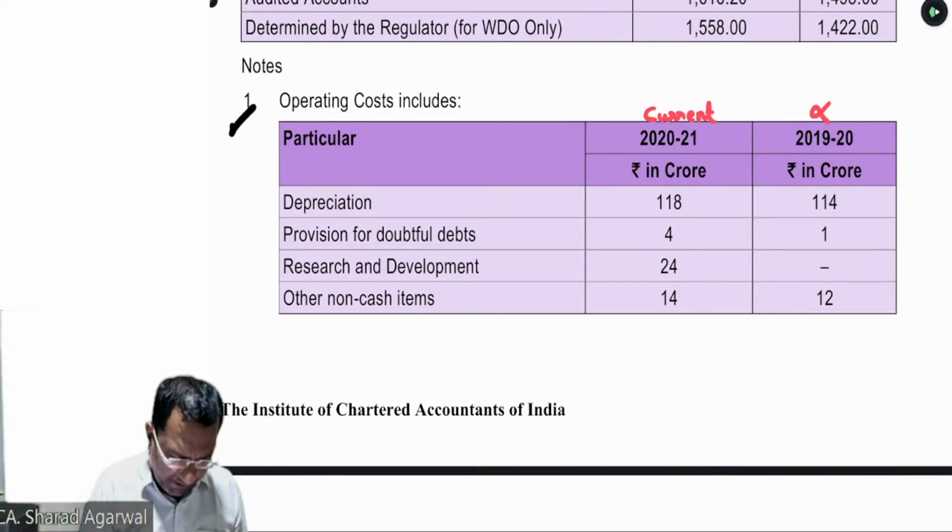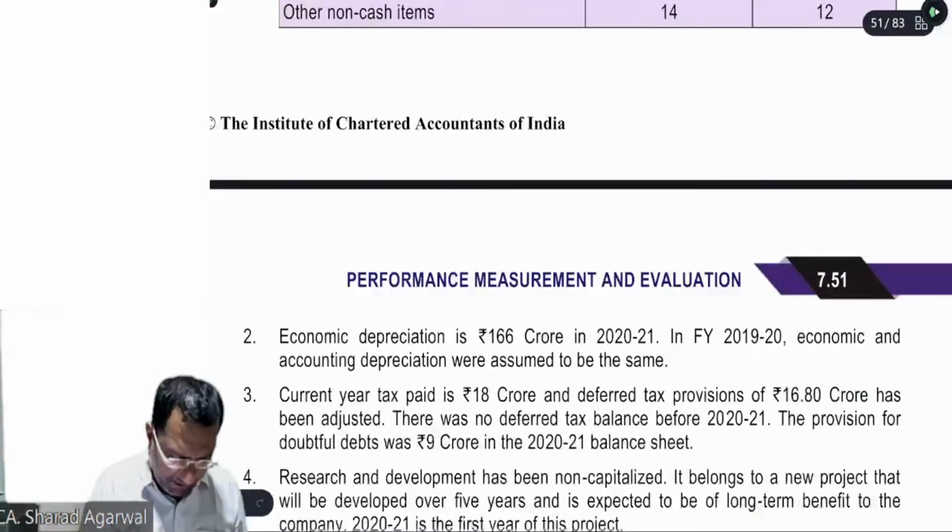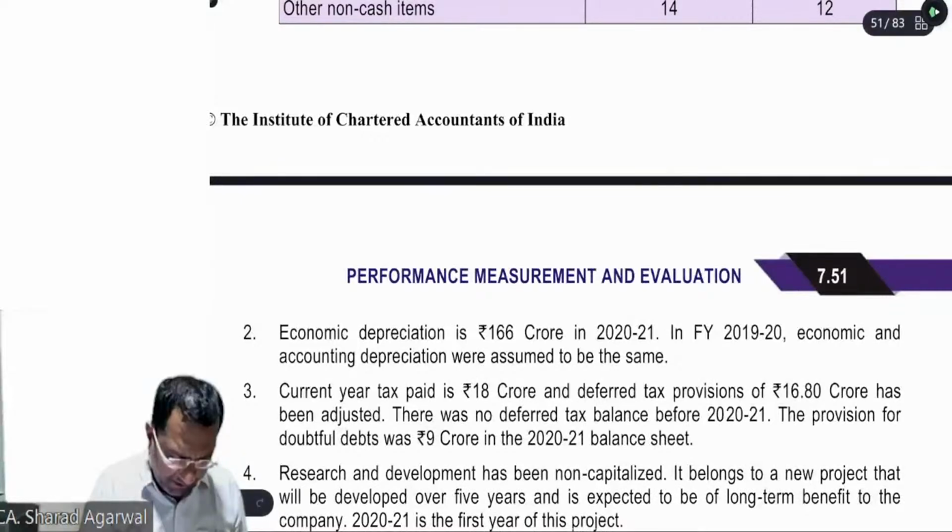And not 1920. So first let's talk about depreciation. How much depreciation has been deducted? 118 crore depreciation has been deducted. One more point is given in point number 2 regarding the depreciation, that economic depreciation is 166 crore in 2021, while in the financial year 1920, economic and accounting depreciation were assumed to be the same.